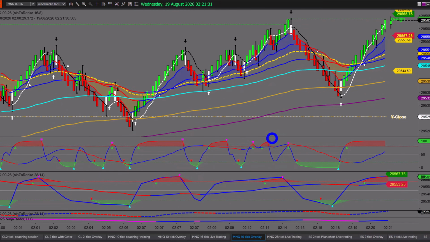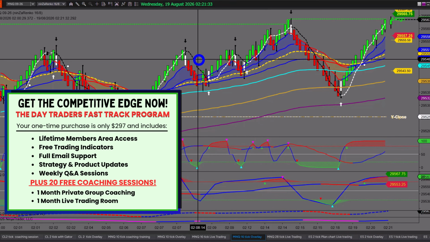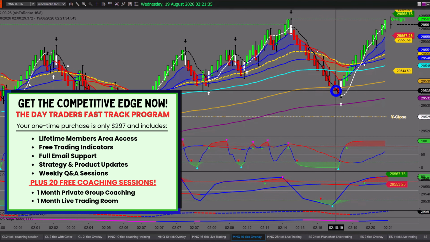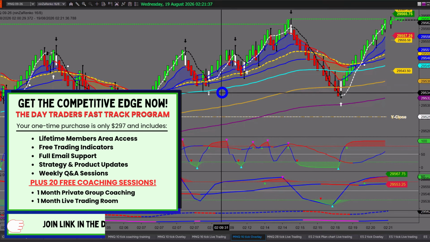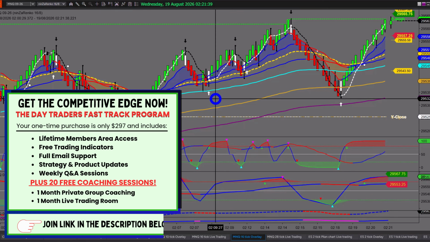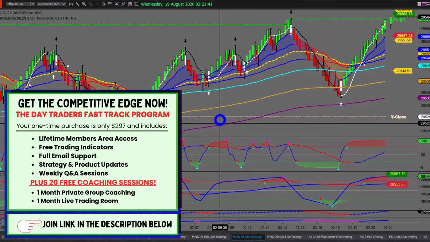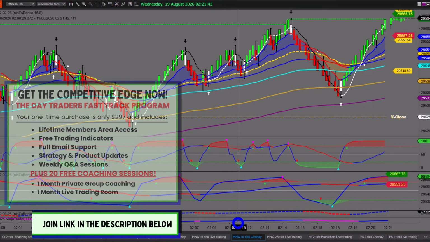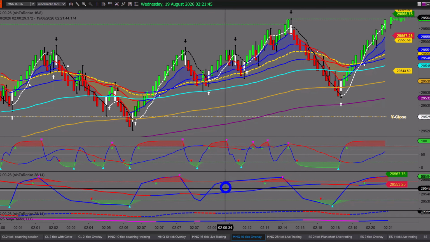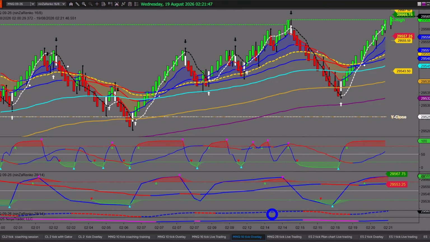For members watching, and even for the general public, this is called an overlay chart. I won't get into all the details of the overlay chart, but down here I've got a number of indicators from my anchor chart 1.